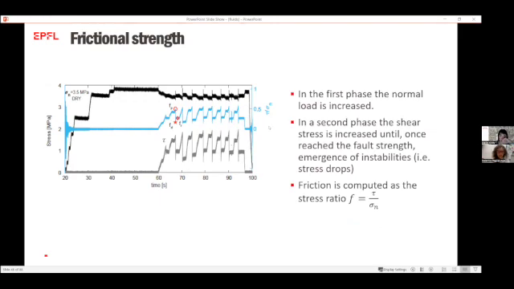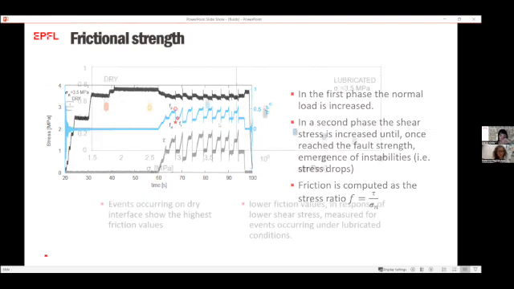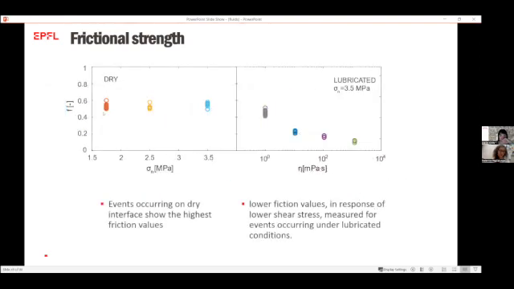Now to compare this for all our conditions, we plot what you see here: the peak friction for every rupture occurring under each condition. On the left, you can see the evolution of the peak friction with increasing normal stress under dry conditions, which, as you can see, is quite constant, as expected. Of course, you don't expect the peak friction to decrease or increase when increasing normal stress.